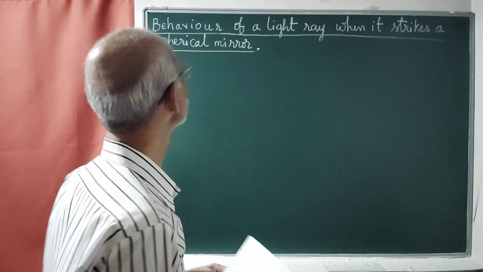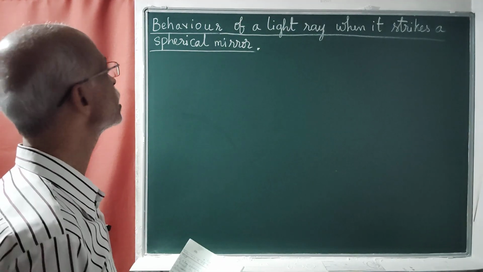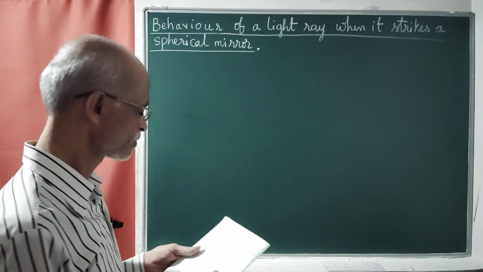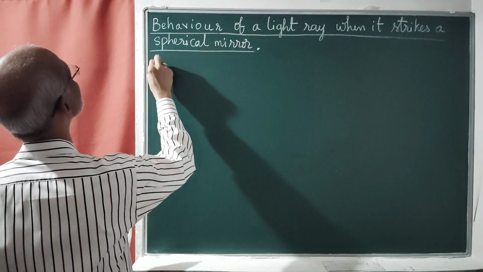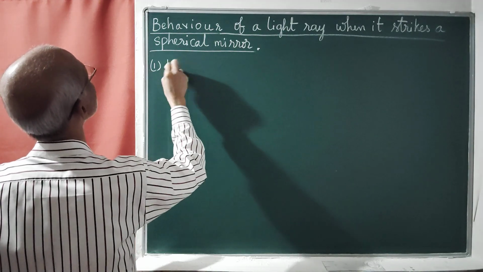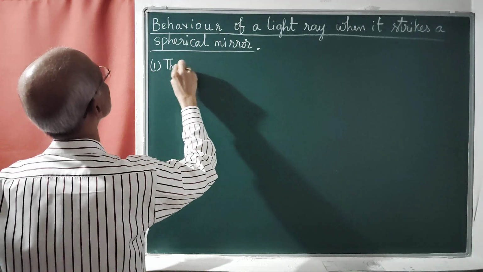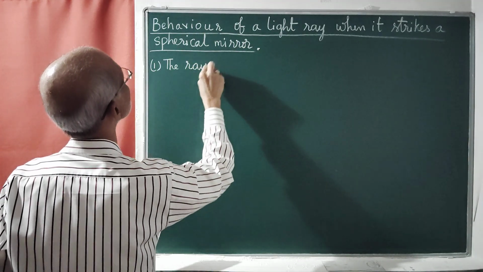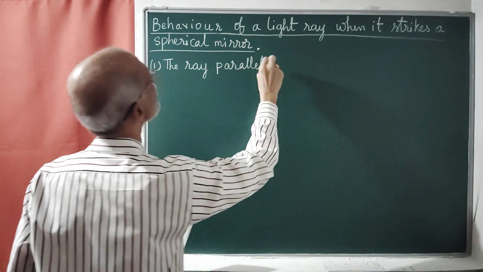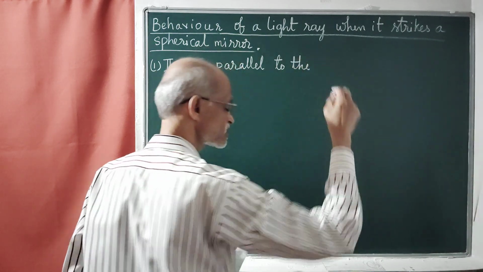Now we'll see the behavior of a light ray when it strikes a spherical mirror. We'll see how the light ray behaves when it strikes the spherical mirror. First we'll take a ray parallel to the principal axis.